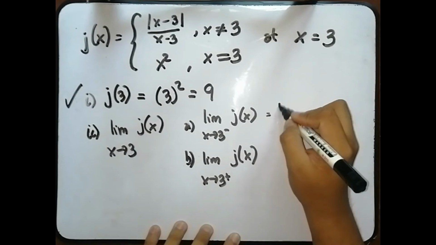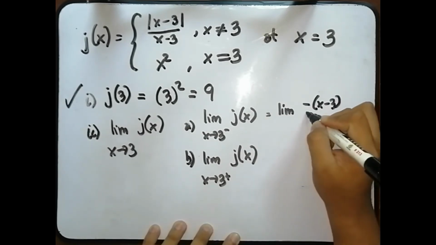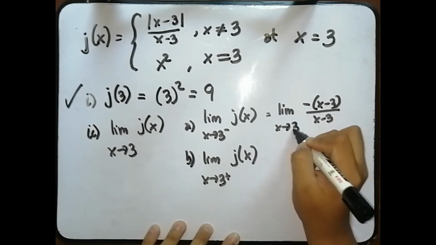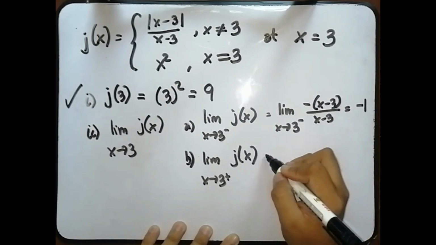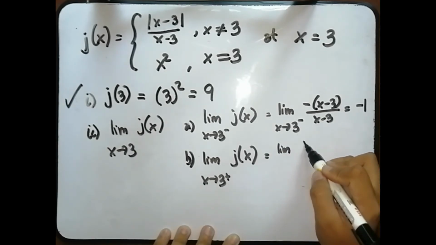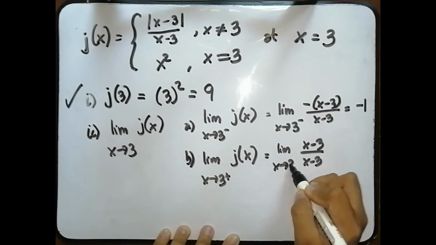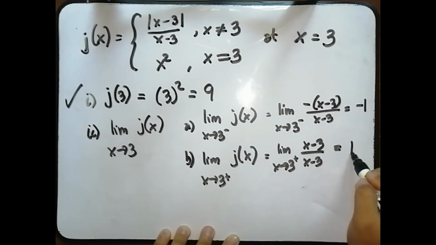So from the left, we have the limit of negative of x minus 3 over x minus 3 as x approaches 3 from the left, which is equal to negative 1. Then the other one, we have the limit of x minus 3 over x minus 3 as x approaches 3 from the right, which is equal to 1.